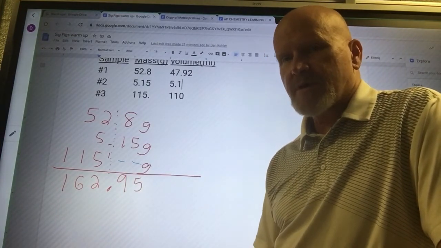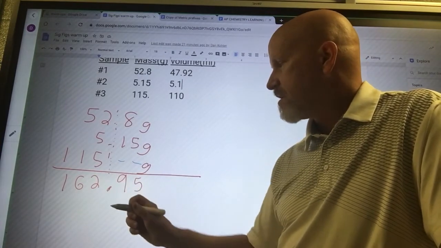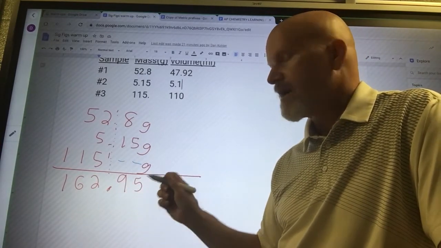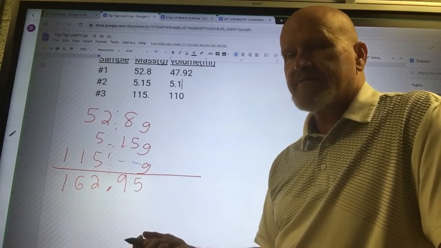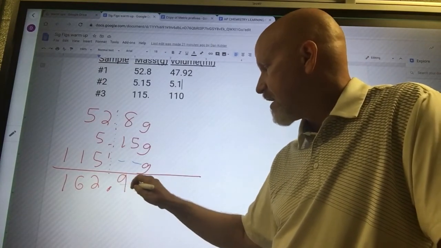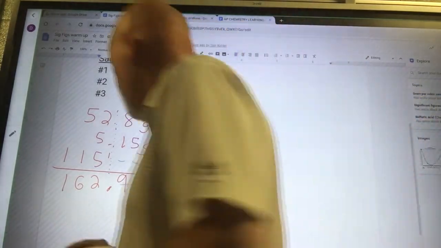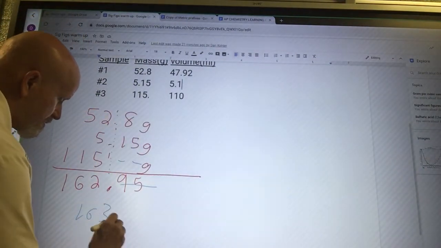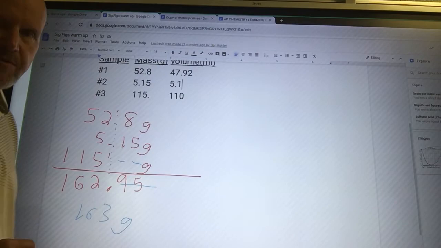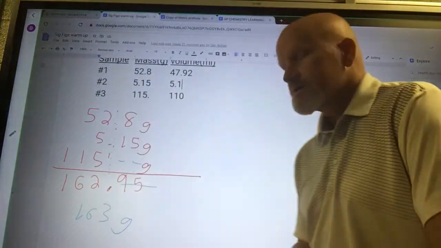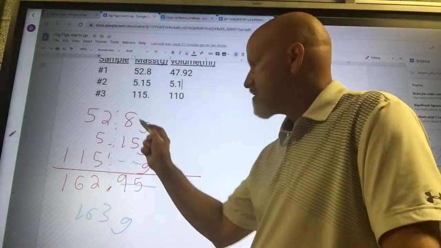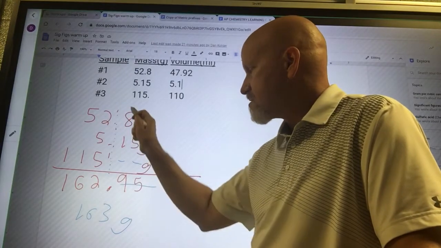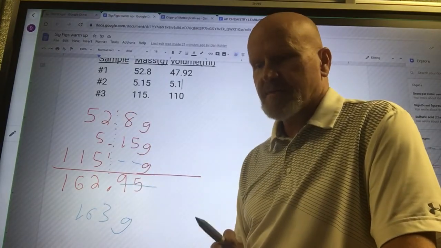So the number I'm going to be able to use in my math isn't going to be 162.95 grams. I'm going to have to use 163. I can't keep those numbers. So my actual number, 163 grams. Okay? And it's not because I had 3 sig figs in all my answers, it's because that's where the decimal lined up.